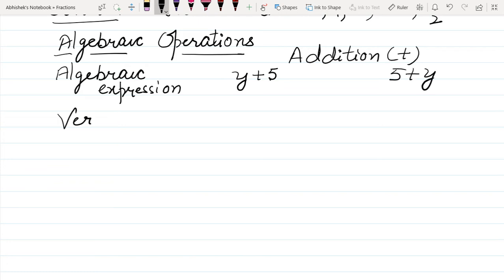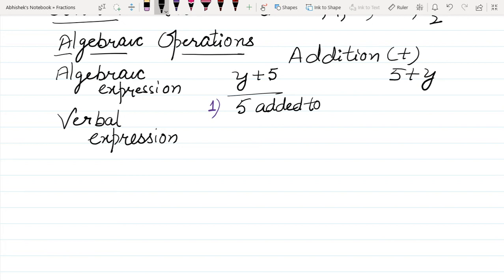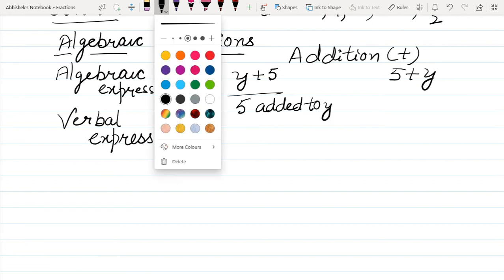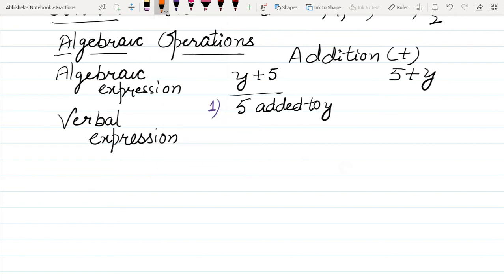So what will be its verbal expression? We can write the verbal expression of y plus 5 in different ways. First, 5 added to y. Second, y increased by 5.